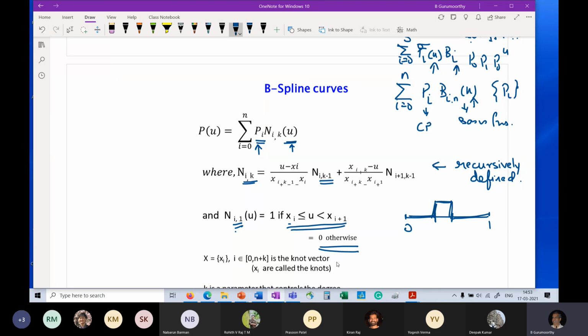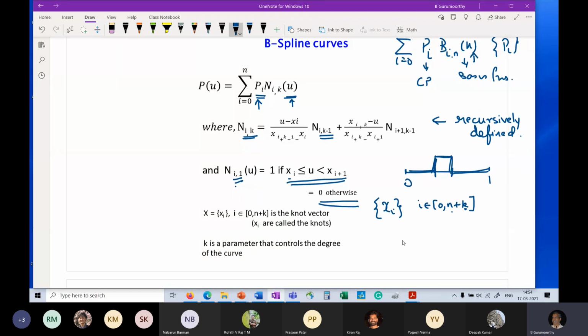These are referred to as the knot elements or the knots, and we define a vector of such knots, denoted by capital X, and this is an n plus k plus 1 long vector. N relates to the number of points you have input. K we don't know yet, and we will prescribe that in a minute. But this vector is this much long, 0 to n plus k.